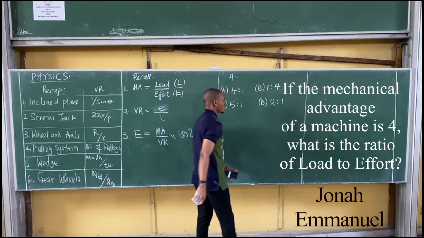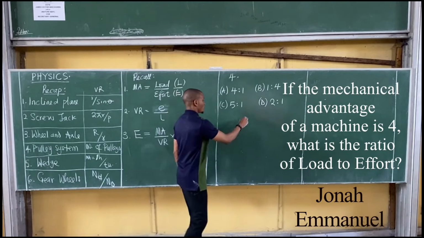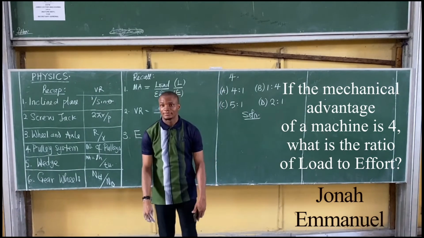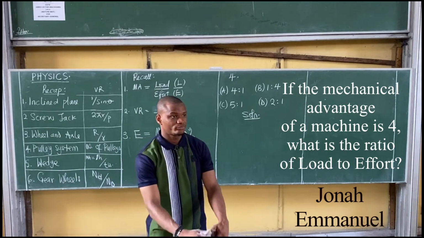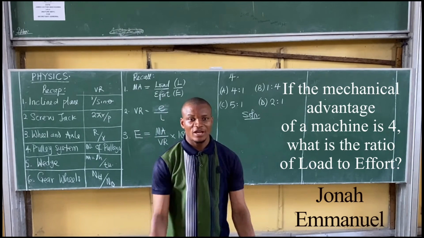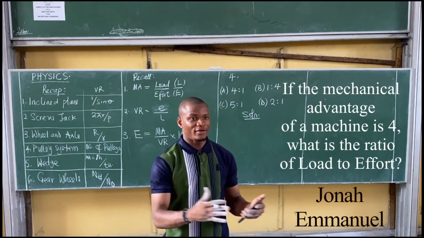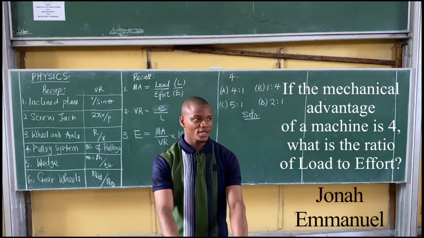These are the options. Which is correct? If the mechanical advantage of a machine is 4, what's the ratio of load to effort? Which is correct? A, B, C, or D?